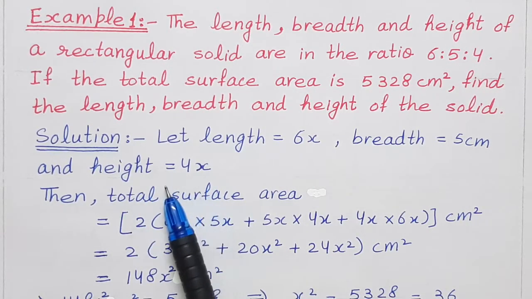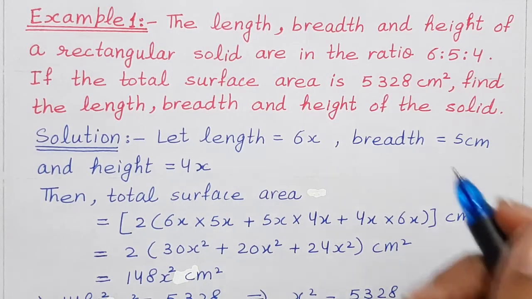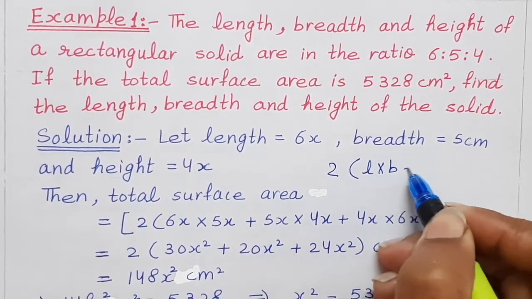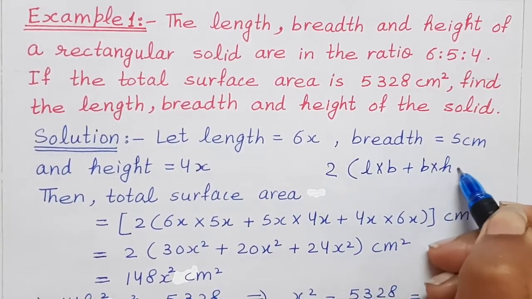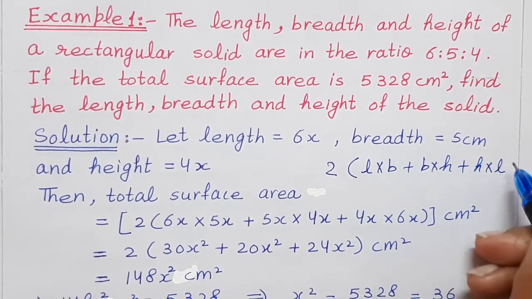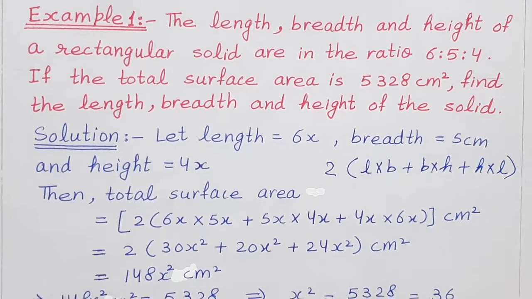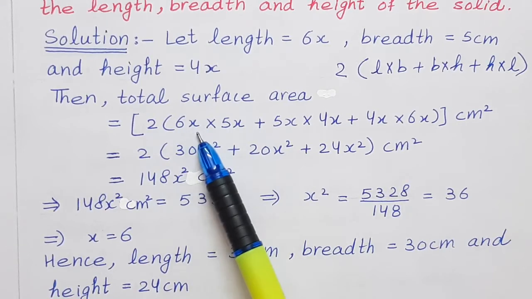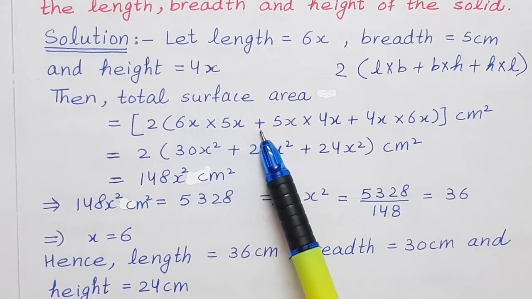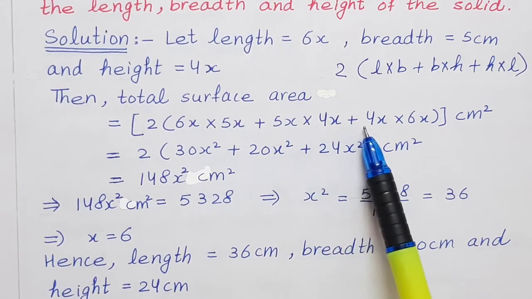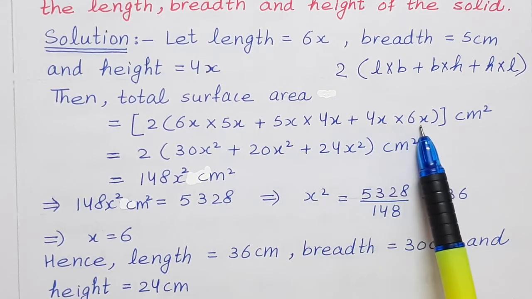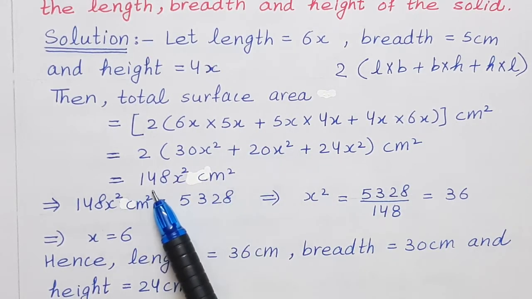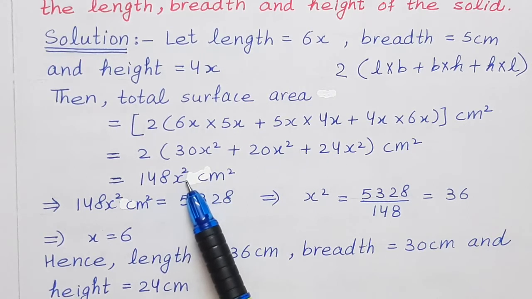Now we know that the total surface area is 2 times L into B plus B into H plus H into L. Clear? So therefore, it is equal to 2 times 6x into 5x plus 5x into 4x plus 4x into 6x. Now after solving this, we will get 148x square. Clear?